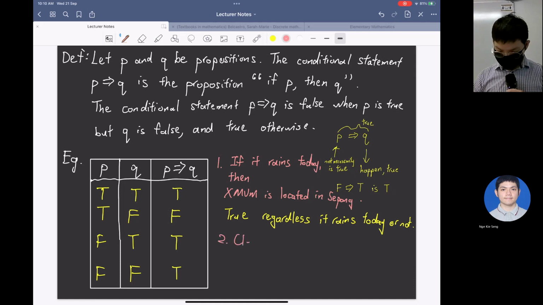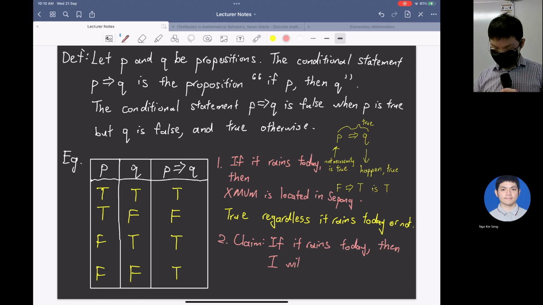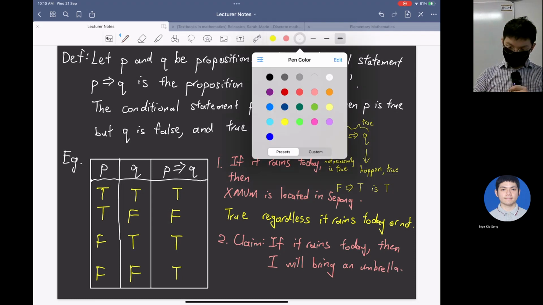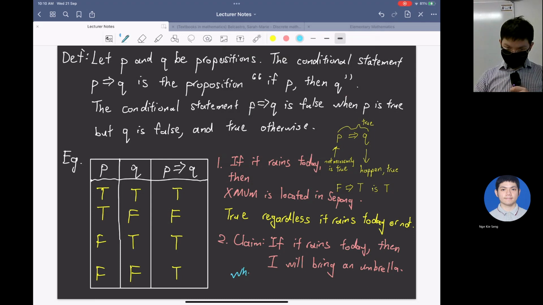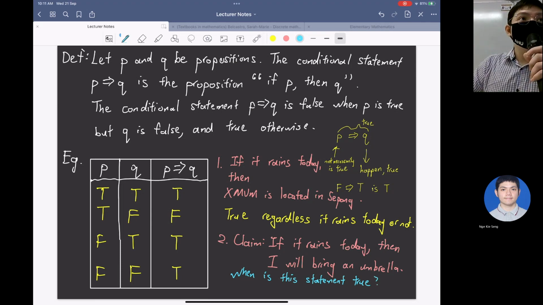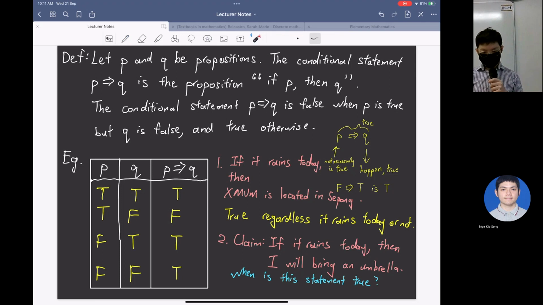Second example. I claim if it rains today, then I will bring an umbrella. So the question is, when is this statement true? It rains and I bring an umbrella.